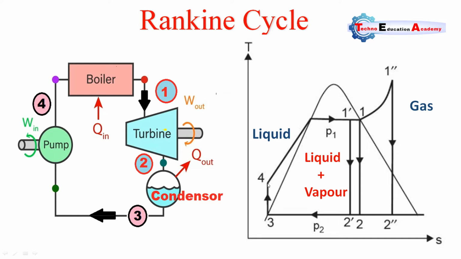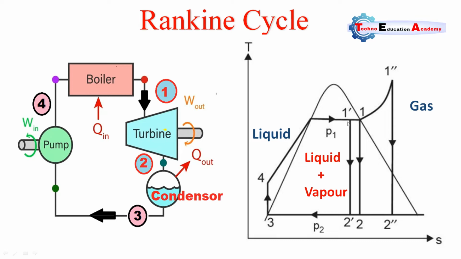So at point 4, the liquid enters the boiler through the feed pump. Here the heat is supplied by the combustion of coal, so it is converted into wet steam, dry steam and superheated steam.